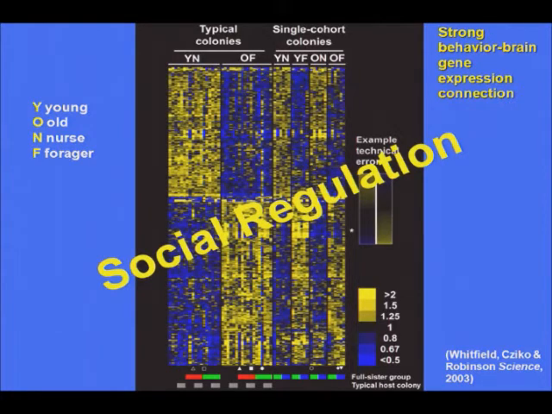This is from an experiment where you remove all the foragers from a colony, and you can see that age is immaterial. It's the behavioral state that matters, and so forth here, also for the Peter Pan bees, the old foragers and the old nurses. I could show you a formal quantitative analysis that shows that the dominant effect was behavior rather than age, but I won't.